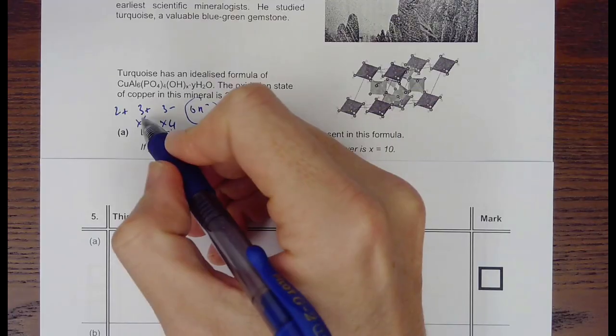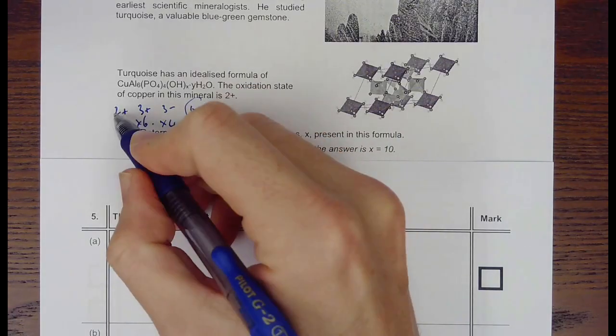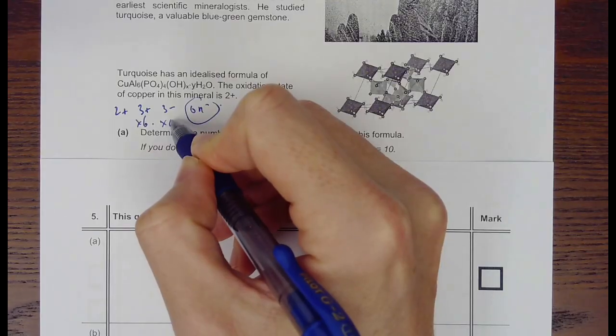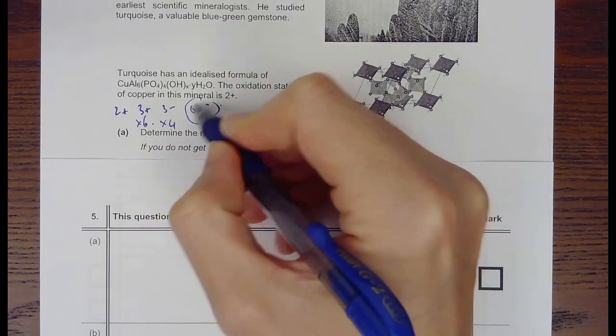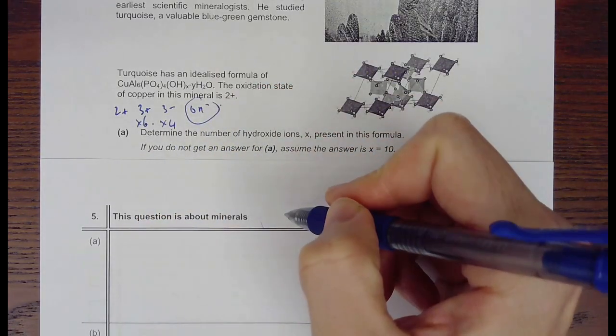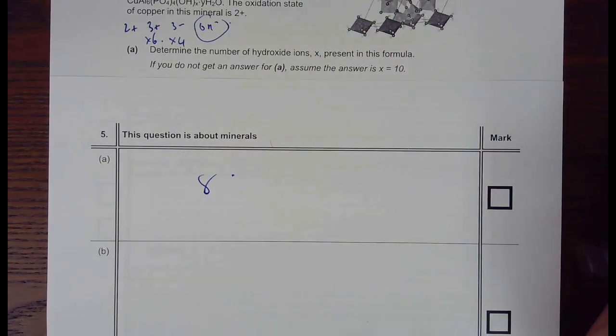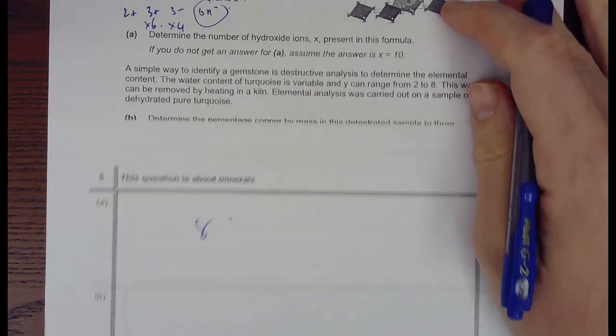Well, 6 3s is 18, plus 2 is 20, take away 12 is 8, so I must have 8 of these in order to get that back down to 0. So 8 is going to be my number of hydroxides.